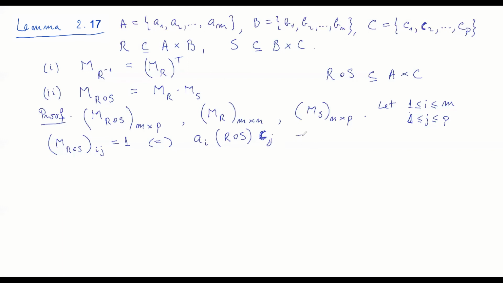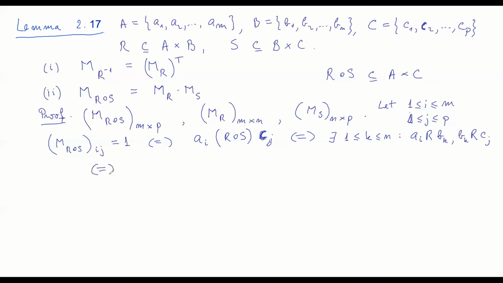And this, by the definition of what a composition is, is equivalent with, there is a k between 1 and n in such a way that Ai is in relation R with Bk, and Bk is in relation S with Cj.